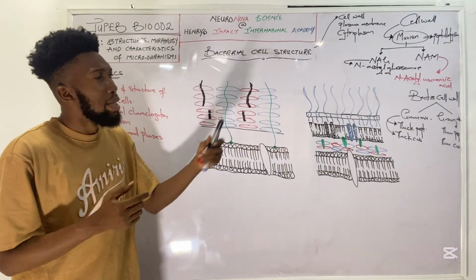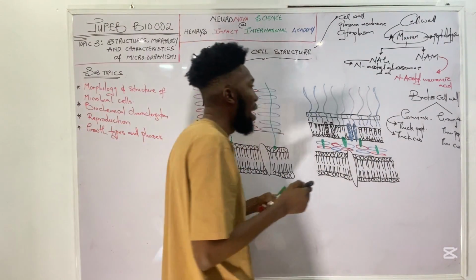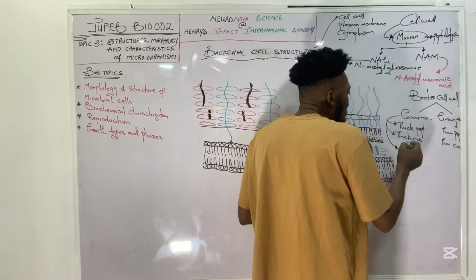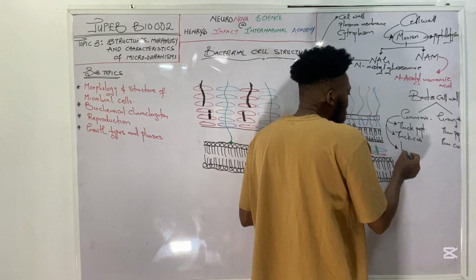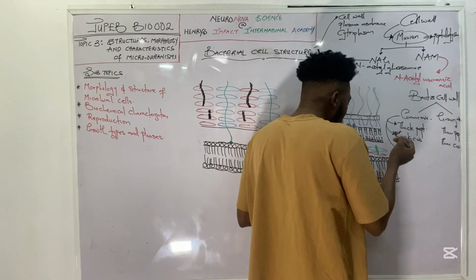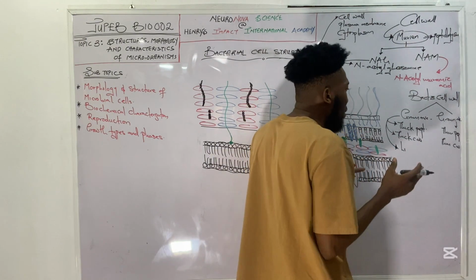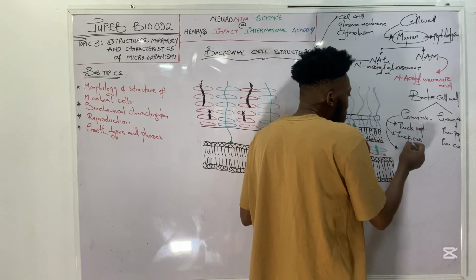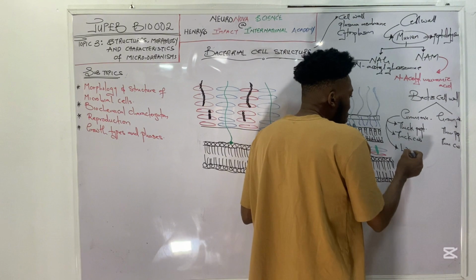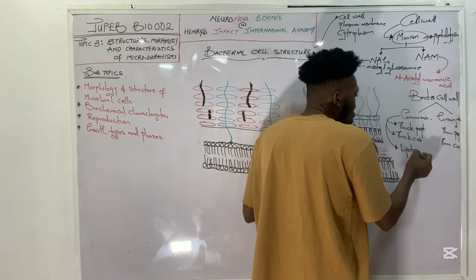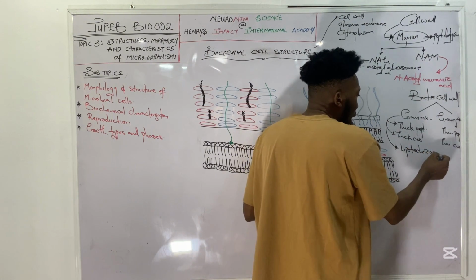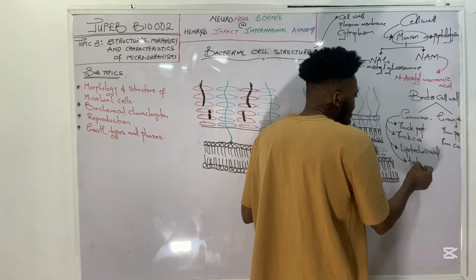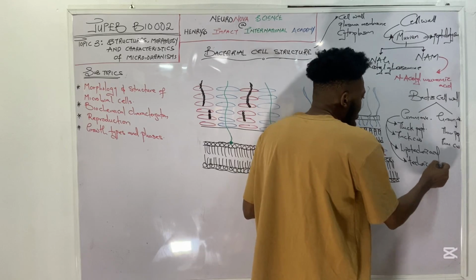Another thing that gram-positive bacteria also have is the presence of something which we call lipoproteins. Now, these are of different types. You understand? We're going to look at the first one, which we will call lipoteichoic acid, and then we also have the teichoic acid.